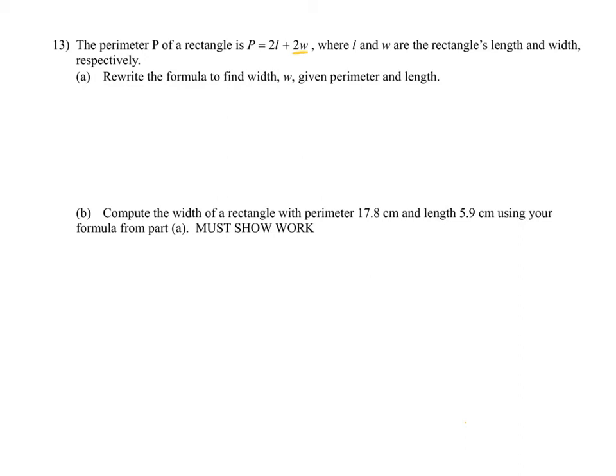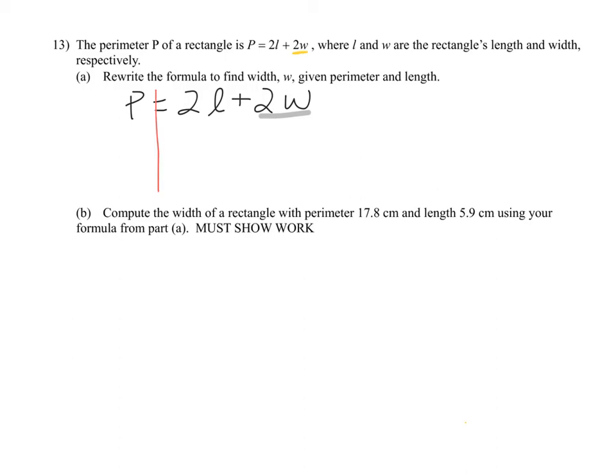But I'm just going to rewrite my problem here. So P equals 2L. I'm going to make a cursive L so it doesn't look like a 1, plus 2W. Okay, so if I focus on this term, I want to move any other terms away from it.